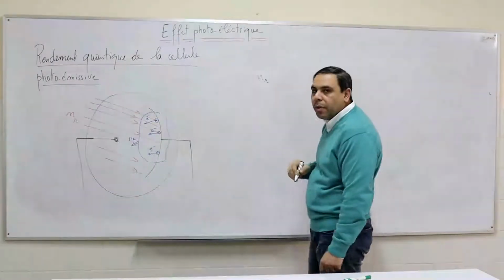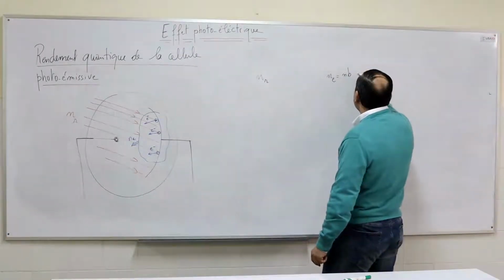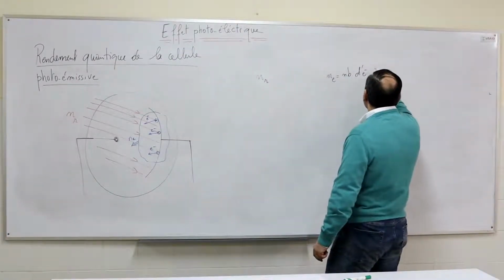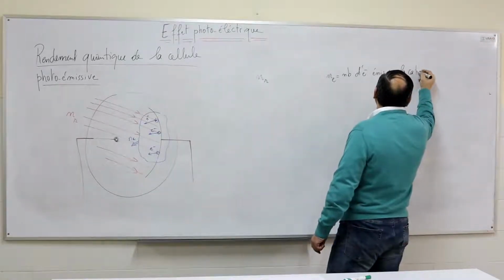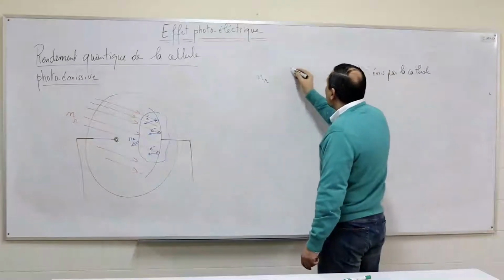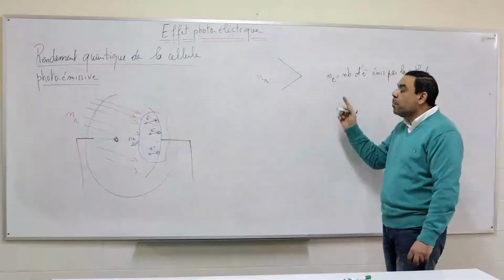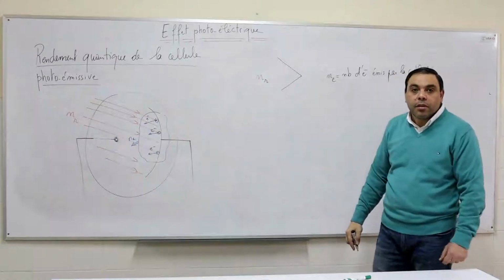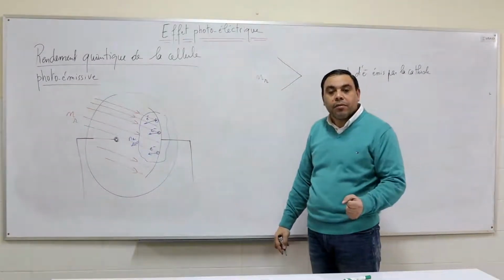nr will represent the number of photons received by the cathode, and Ne will be the number of electrons emitted by the cathode. The number of received photons is always greater than the number of emitted electrons, since not all the photons are capable of extracting electrons.